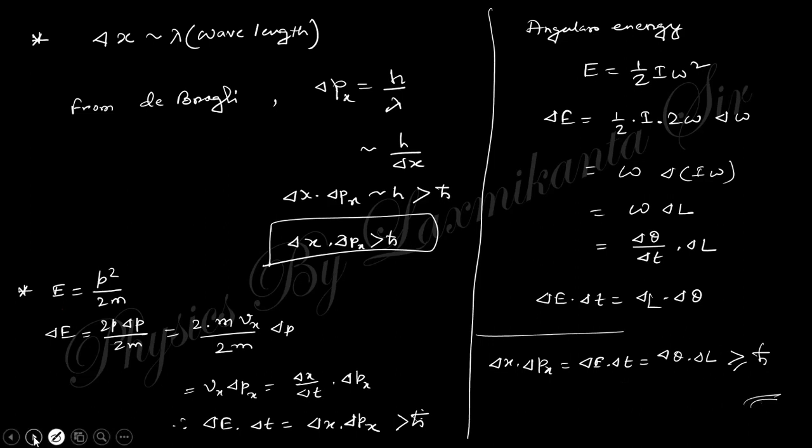Okay, how will you find out delta x? What will be the value of delta x? That is the uncertainty in position. Delta x is the uncertainty in position. How will you find it out? It is nothing but x minus the expectation value of x, all squared.